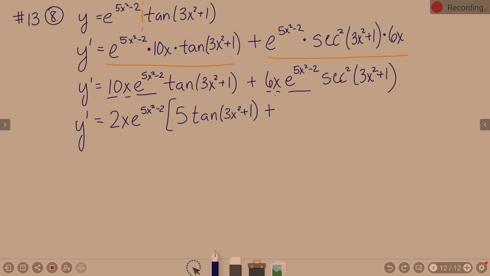Plus, okay, divide your GCF out. 6 divided by 2 is 3. X cancels, e cancels, and we're left with secant squared of 3x squared plus 1. So, I mean, really, in their own way, any of those 3 rows work.